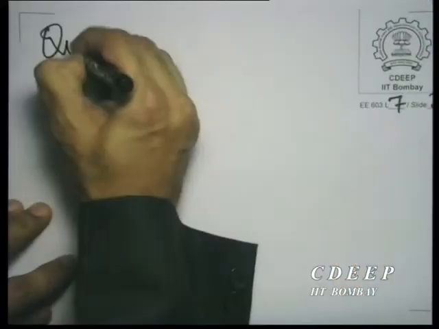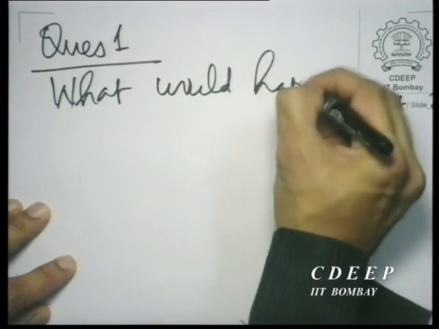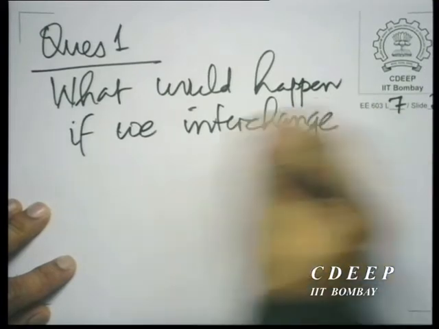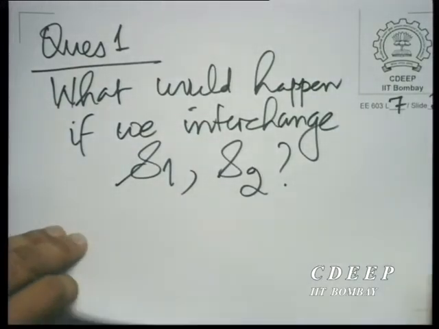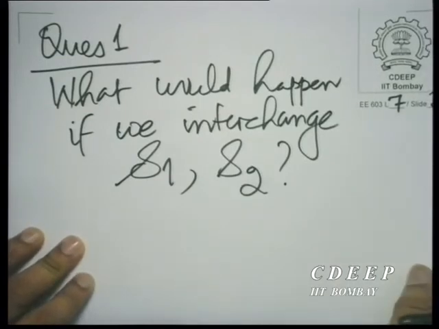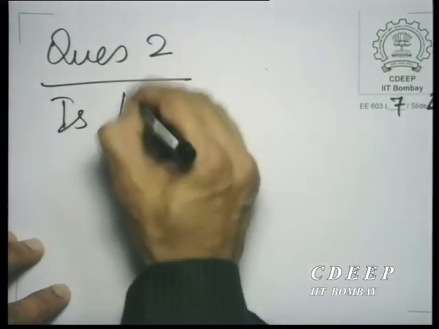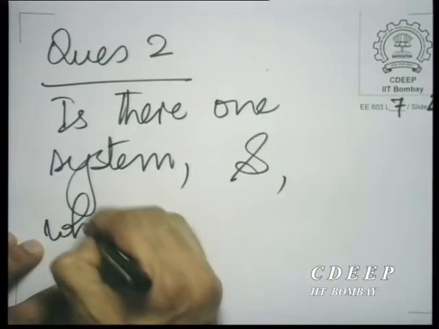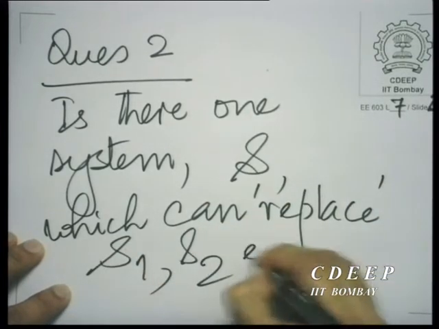Question 1, what would happen if I interchanged S1 and S2? And question 2, is there one system, let us call it S, which can replace S1 and S2 equivalently?